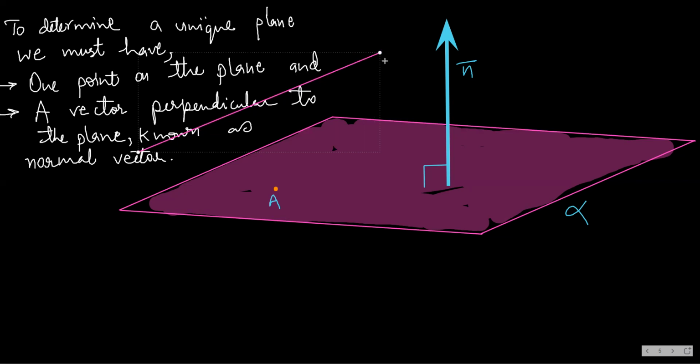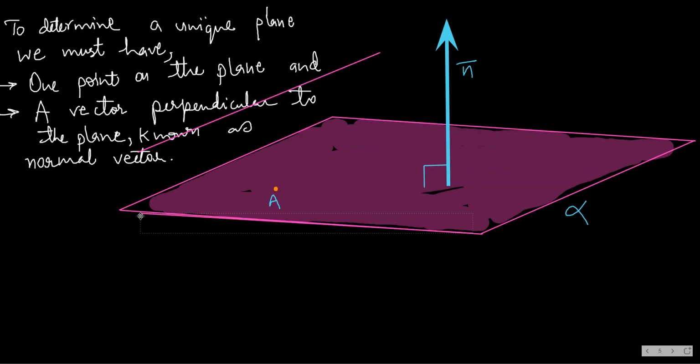Just because I'm not given that point, I can have infinite planes which are perpendicular to the given vector.